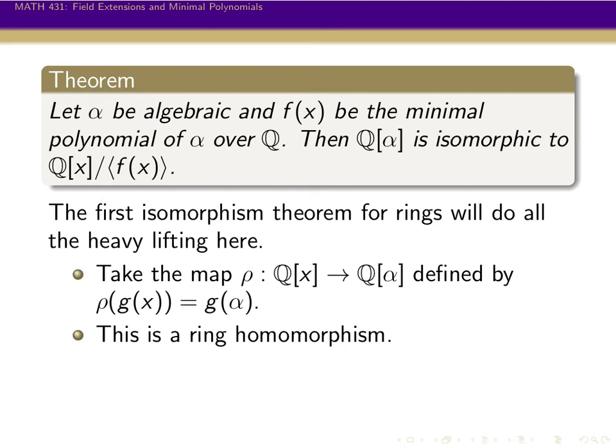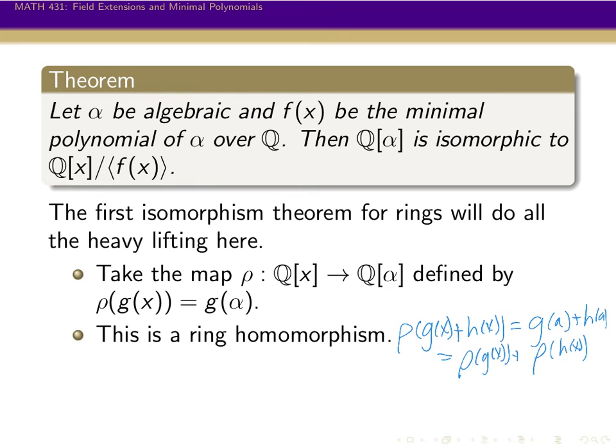This map is a ring homomorphism. It's not hard to see that if you do rho of, say, g of x plus h of x, this is going to be g of alpha plus h of alpha, which is rho of g plus rho of h. And so it's a homomorphism with addition.